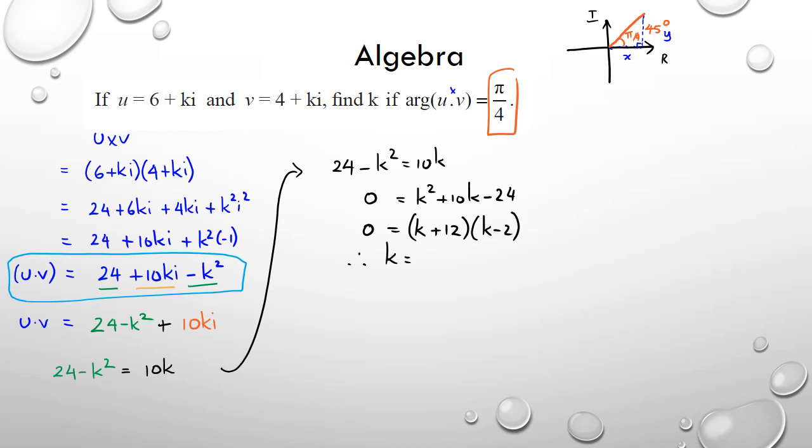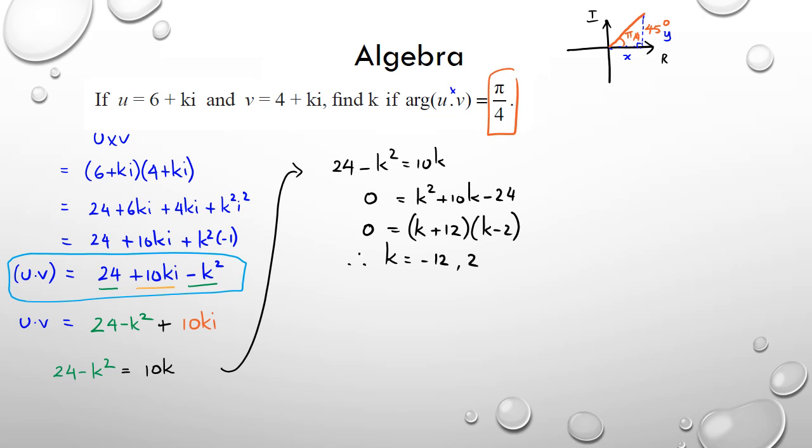Therefore, k is equal to -12 or +2. So now I've got two values for k. It's really important that you substitute k back in to see whether they actually work out.